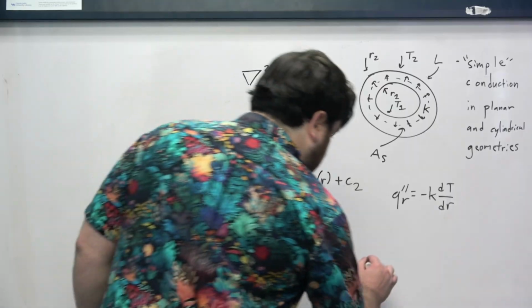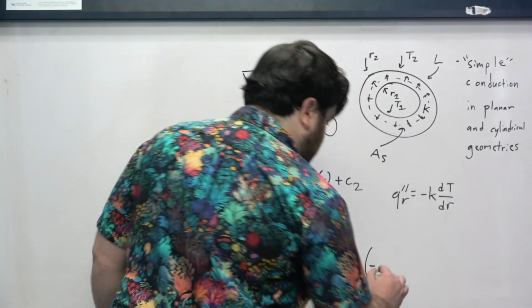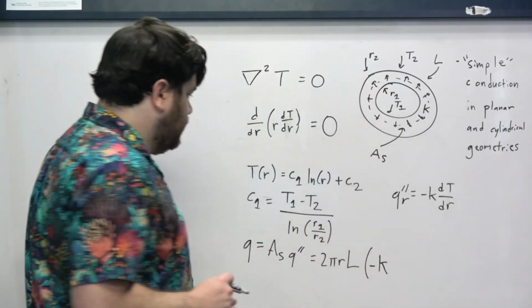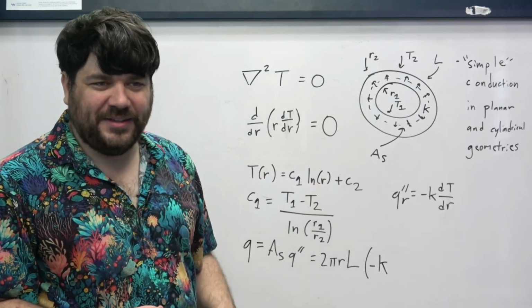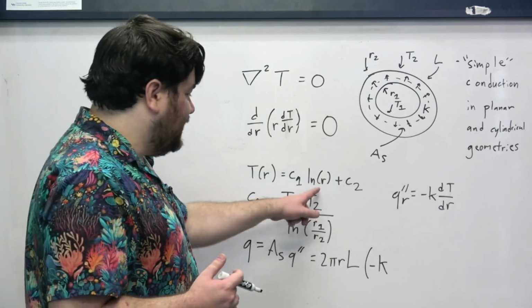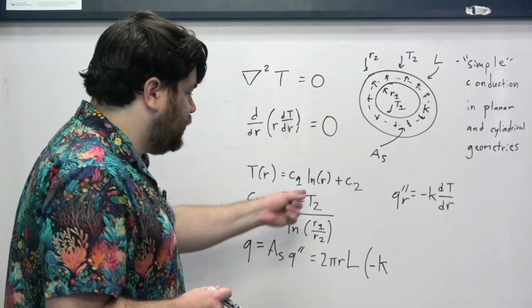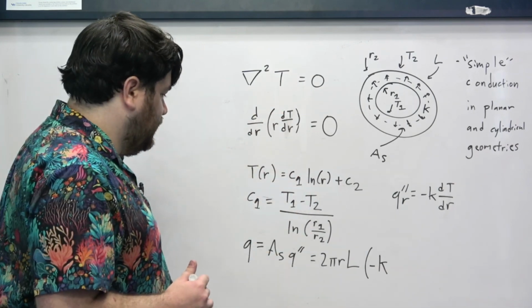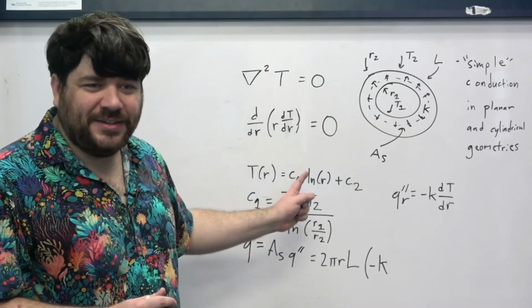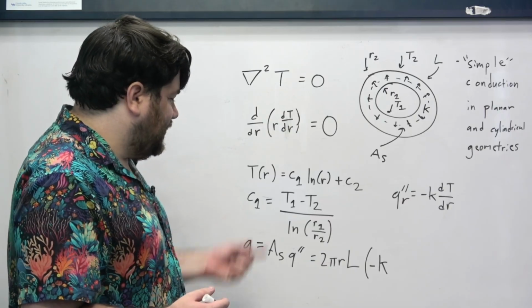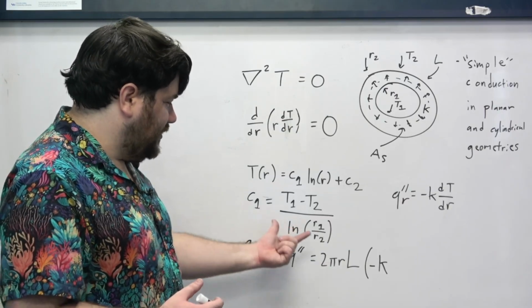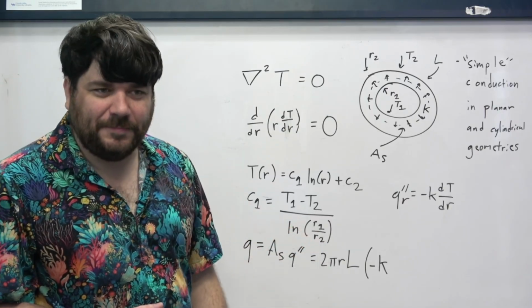Well, we're going to add a minus k over here. What is the derivative of this expression? Well, the C2 goes away, because it's just a constant. The logarithm turns into a 1 over r. So we get essentially C1 over r, and that C1 is this thing.